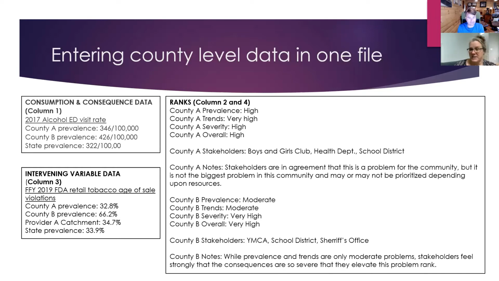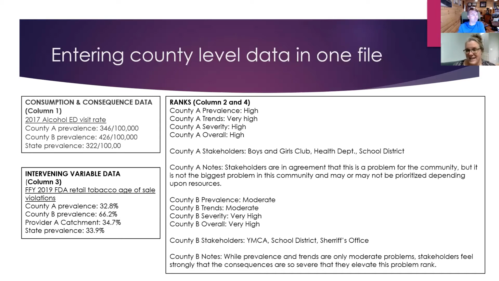We also included, because this is a possibility for the FDA tobacco inspection data, the provider's catchment area. That might be ADS, this region within Sandhills, for example. So you could have each of your counties, as well as your provider-level data and state-level data.